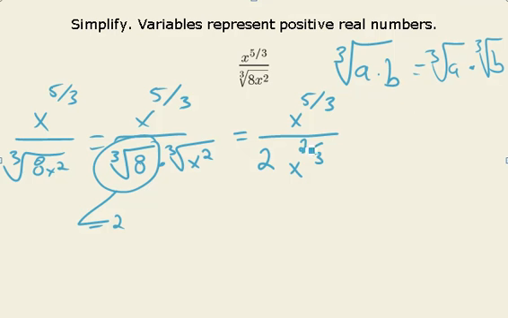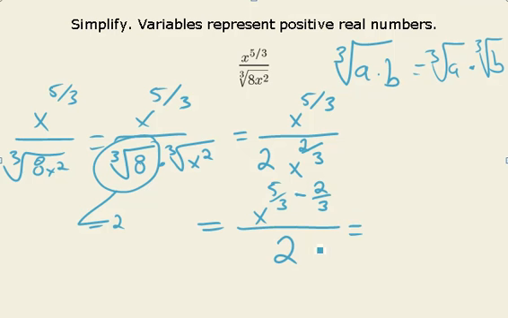We can easily see what cancels by just using rules of exponents, right? I have x to the 5/3 in the numerator. I have x to the 2/3 in the denominator. Same base, so I just subtract the exponent in the denominator from the one in the numerator. I still have this 2 sitting in the denominator, so I'll copy that down.